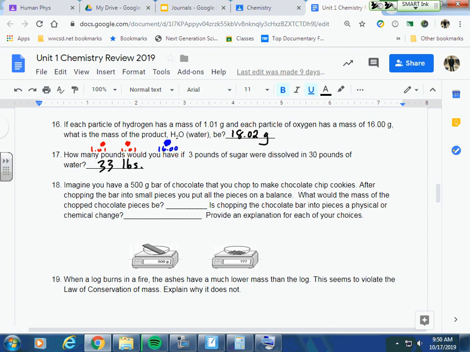All right, number 18. Imagine you have a 500-gram bar of chocolate. You chop it into a bunch of little pieces for chocolate chip cookies. After chopping the bar into small pieces, you put all the pieces on a balance. What would the mass of the chopped chocolate pieces be? So modeling-wise, let's say here's my chocolate bar. Should have spaced these out evenly, but oh well. That's terrible.